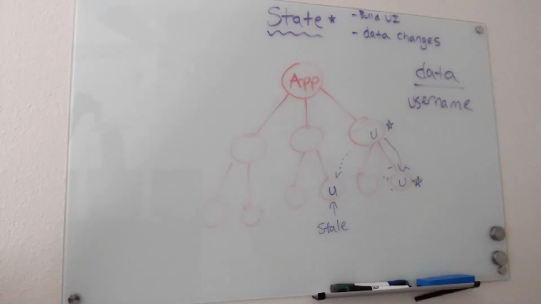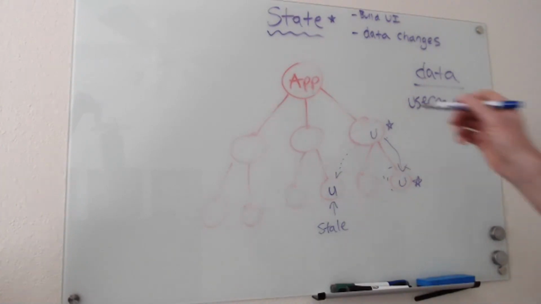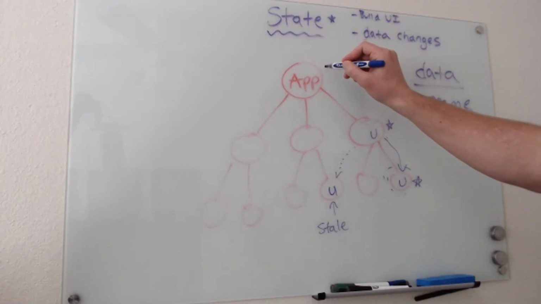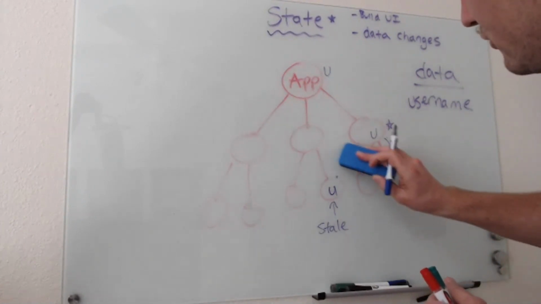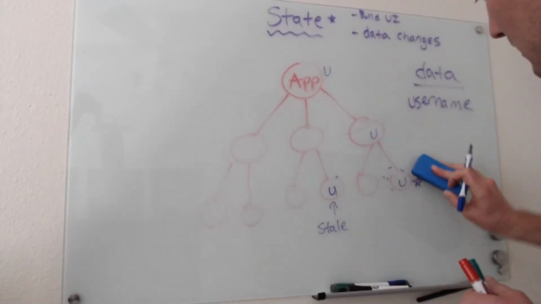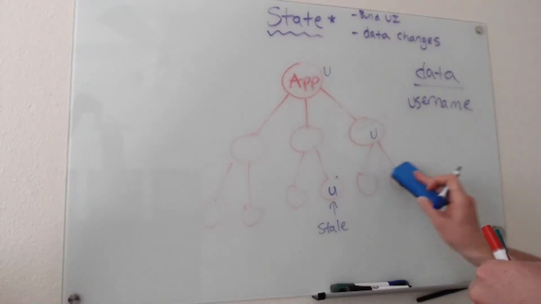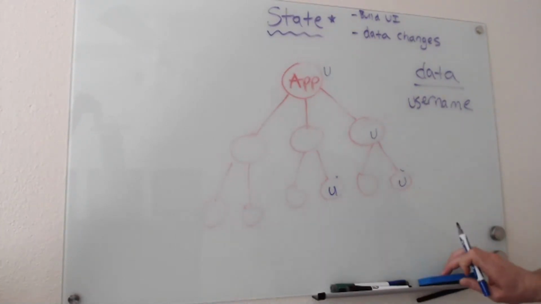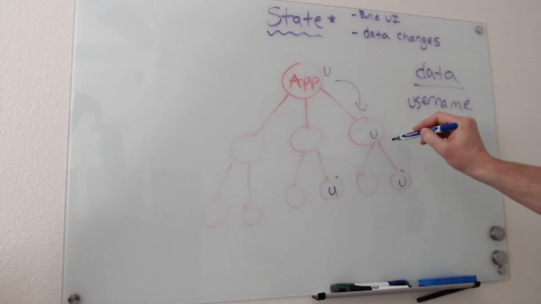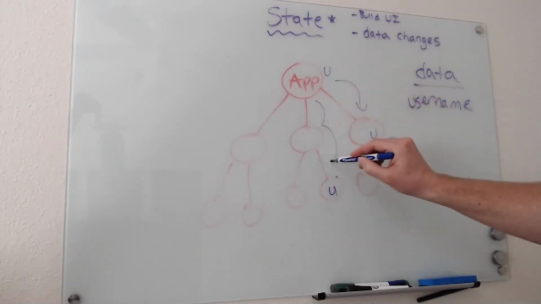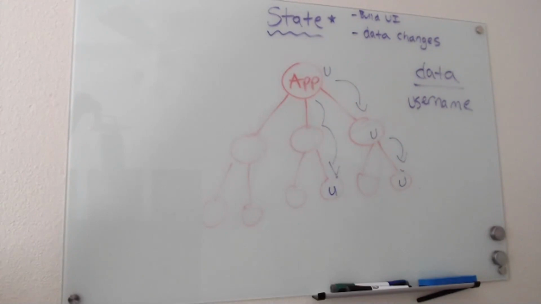So the idea behind lifting state up to higher components is that if we manage our username data here, then when username changes, it's reflected there, there, and there, and everywhere in our application that is using this piece of state stays in sync.